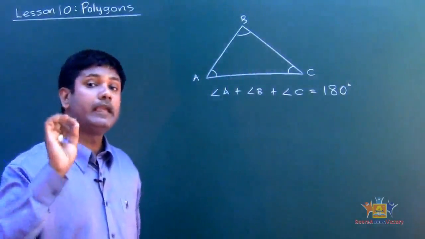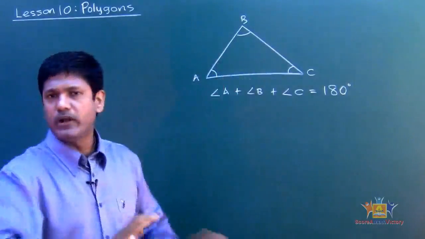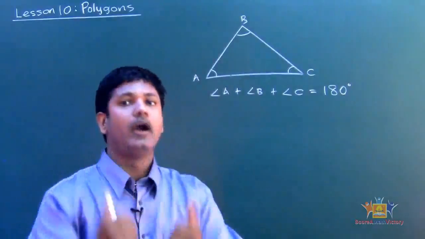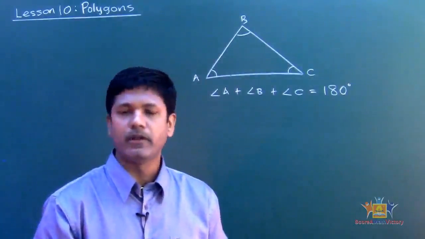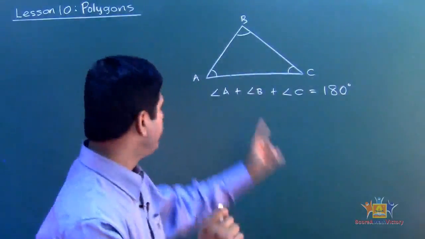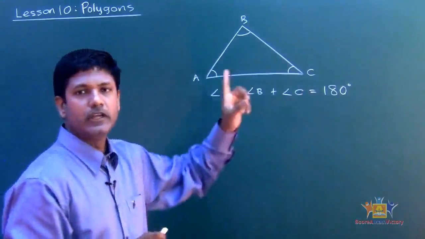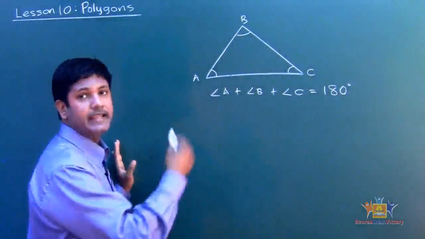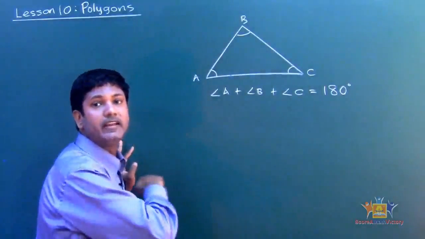No matter what shape it is, the inside angles will always total up to 180 degrees. That's the basic thing you need to know about triangle angles. So I can give you anything I want, like we learned with a straight line.